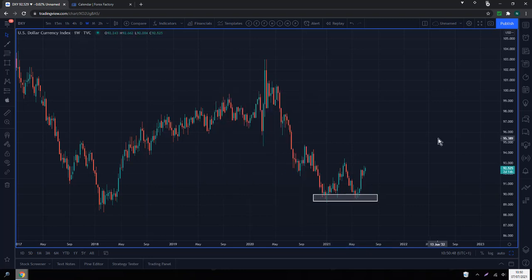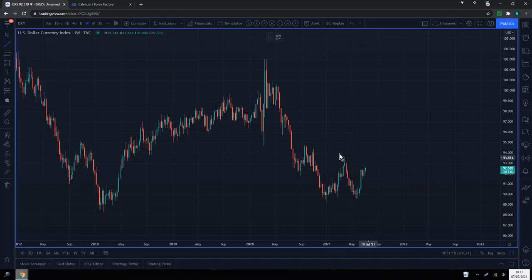Okay, now the question is: is that the bottom of this move, and we're going to start to reverse and start to see higher highs and higher lows, i.e. an uptrend, or are we consolidating, or are we consolidating and then a reversal, or a move down? So I can see a couple of things here.